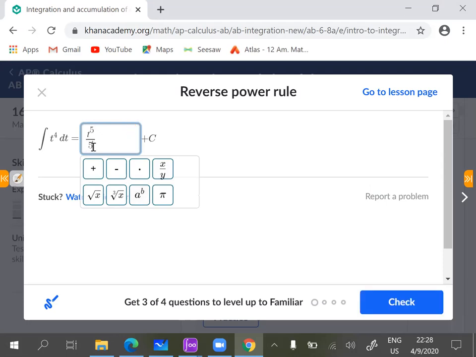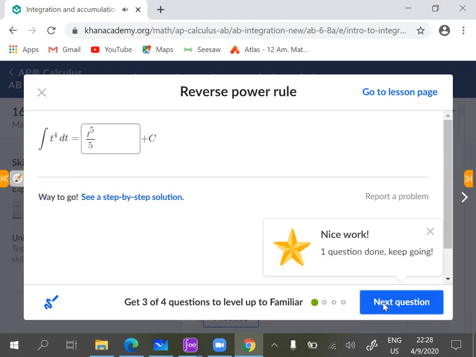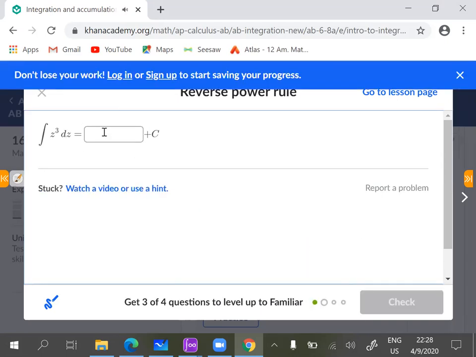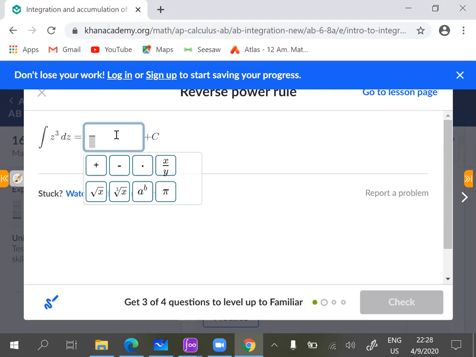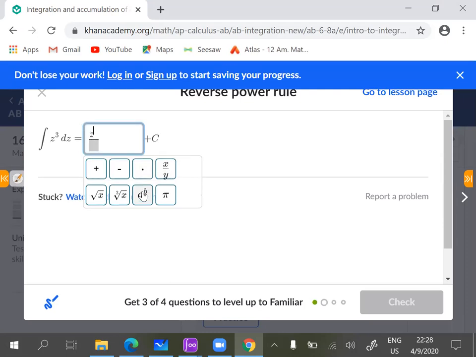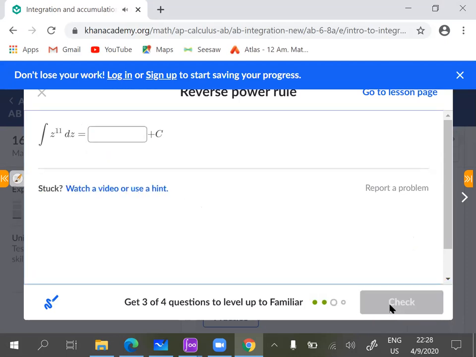It's already put c for us. This is a check. Here, z to the power 4 over 4 plus c. And so on, all similar.